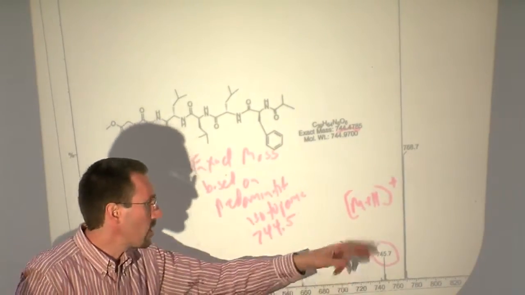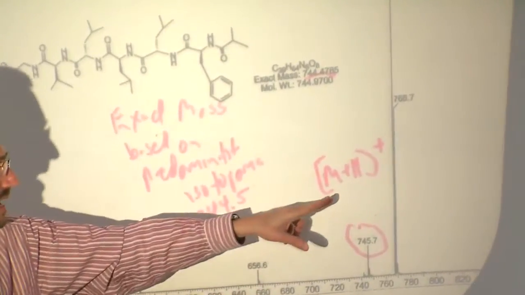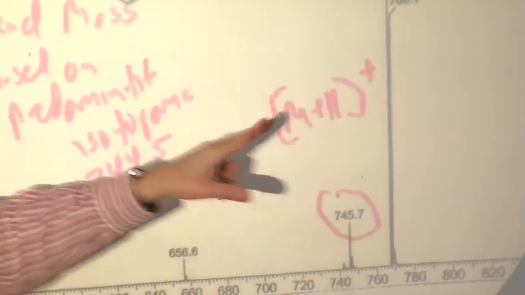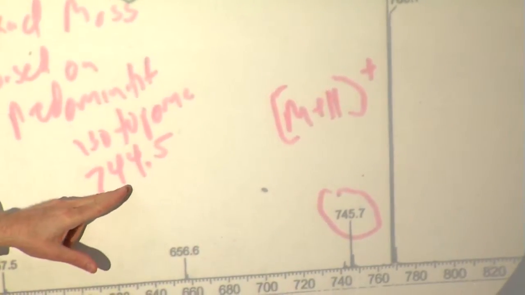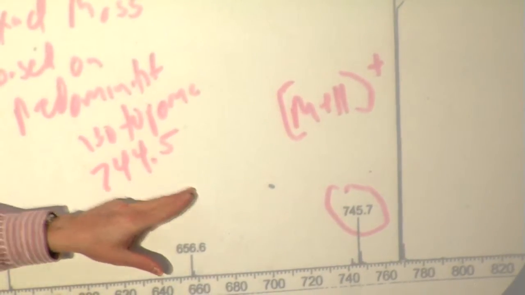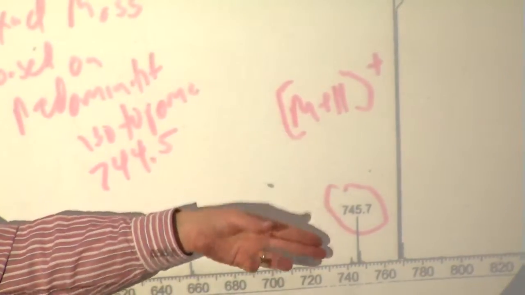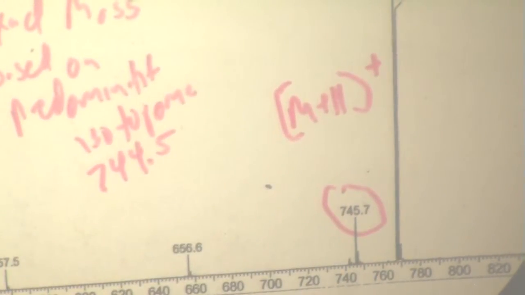The instrument is only good to plus or minus a few tenths unless you're running in a high resolution mode. So in other words, we would expect if we pick up a proton here, we get to 745.5. We're at 745.7. That's within the limits of experimental error. This peak over here corresponds to M plus Na plus.